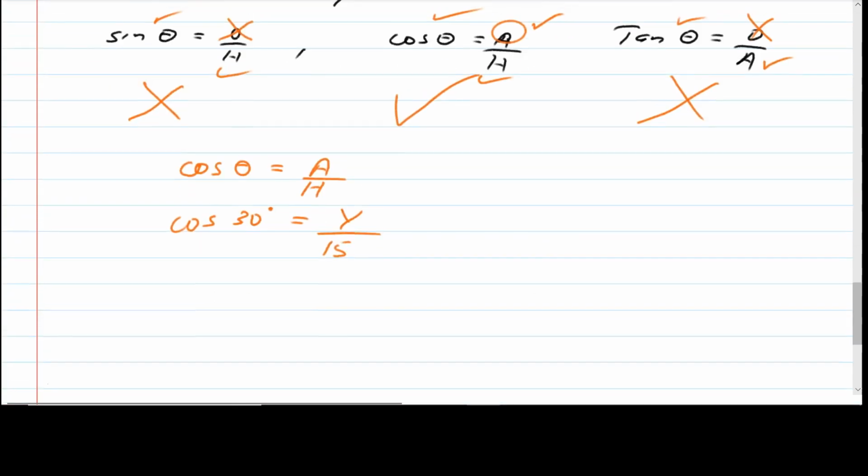Now, instead of multiplying both sides by 15 and doing all that, I'm just going to keep it very simple. If I want to find this y, I can just go 15 times cos of 30 degrees is going to be y. But if you want to multiply both sides by 15 and do it that way, that's fine.